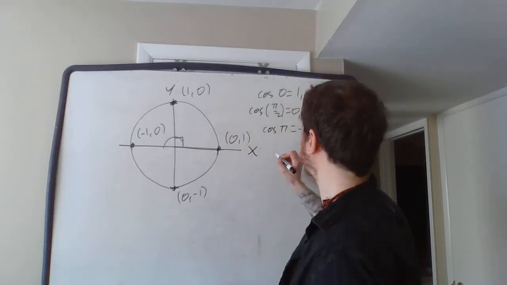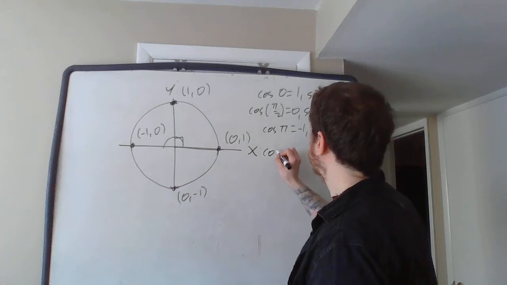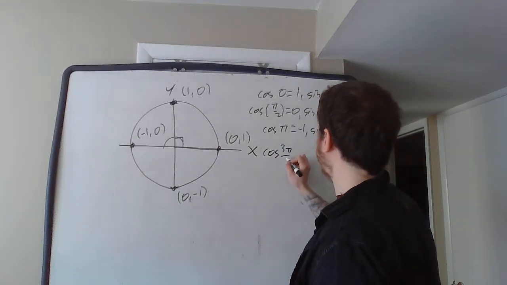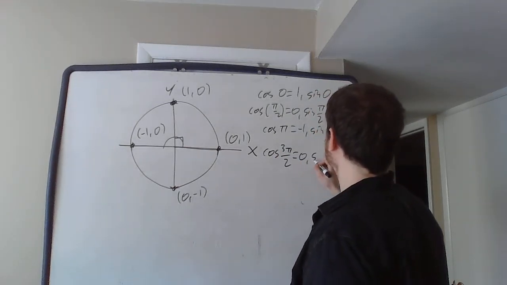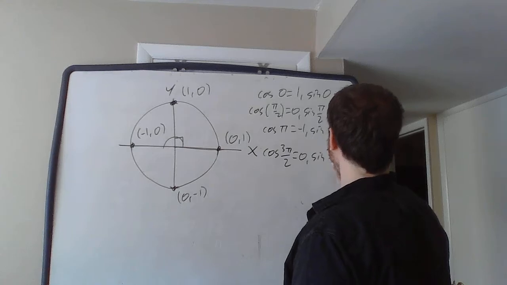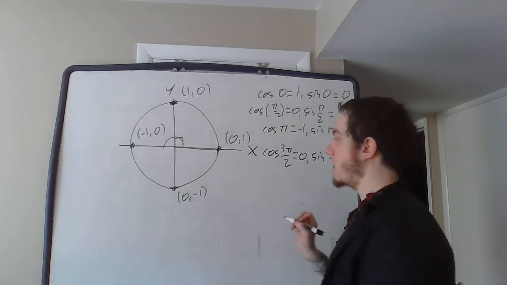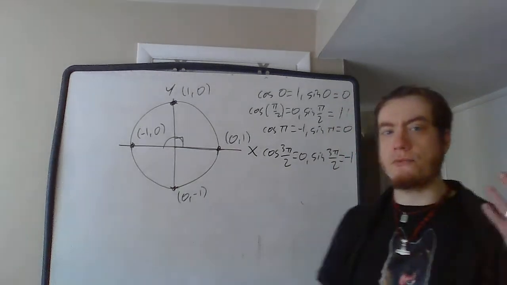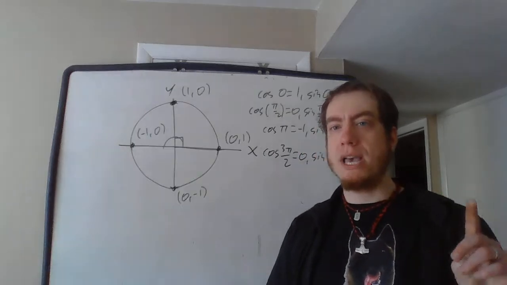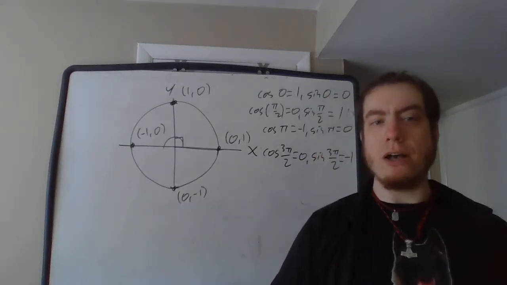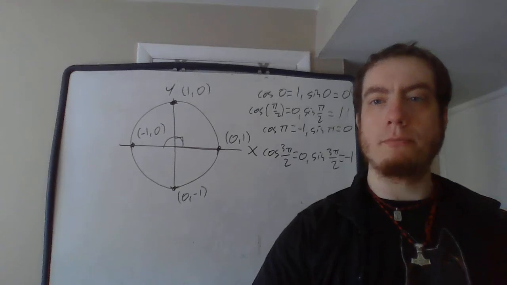That is an angle of 3 pi over 2. So cosine 3 pi over 2 equals 0. Sine 3 pi over 2 equals minus 1. Okay, so these are 4 angles where we actually know the exact value of our trig function.